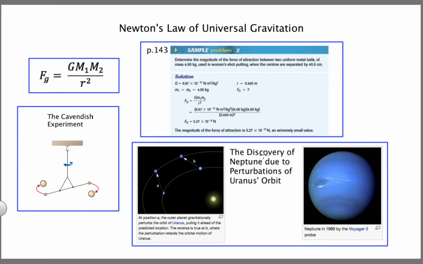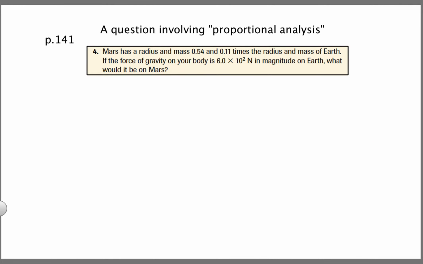So pay attention to the discovery of Neptune and Pluto when you're going through that. On the next slide, you're going to see a practice problem that's in the textbook, and since it's in the book, and I believe I talk about it in the video, or if not, something very similar, I'm not going to spend a lot of time here because you can look that up in the solution manual, or you can message me if you're having trouble.